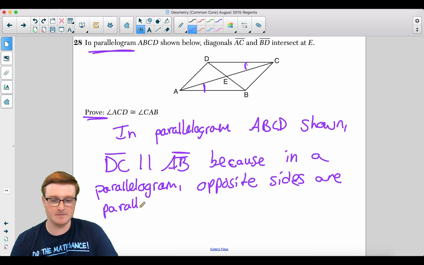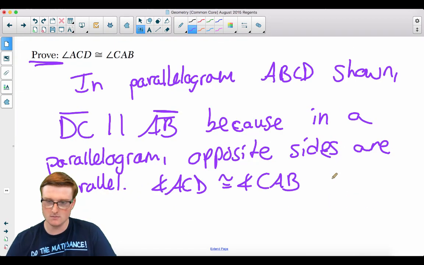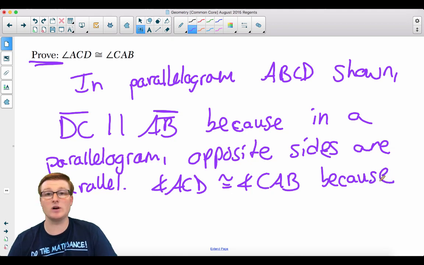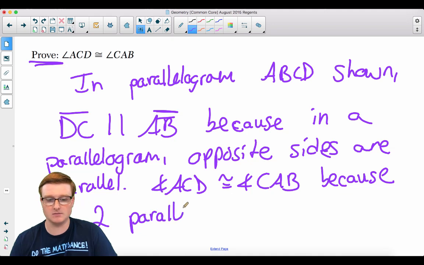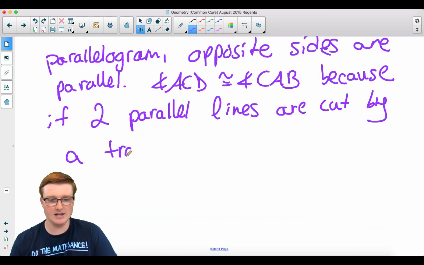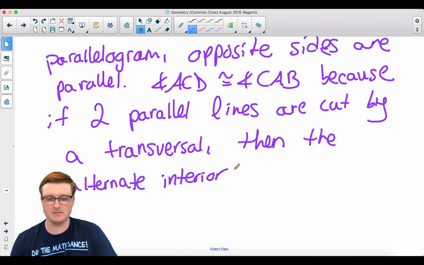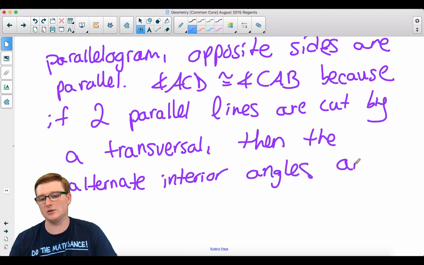Pretty straightforward so far. Now I'm going to say that angle ACD is congruent to angle CAB because, and this is what will get you the full credit here, if 2 parallel lines are cut by a transversal, then the alternate interior angles are congruent.